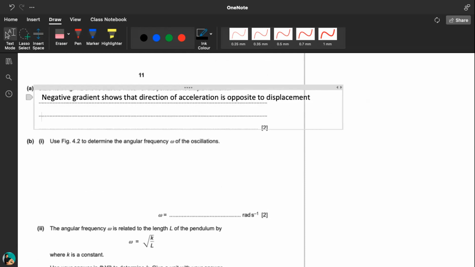What else? Talk about direction, talk about directly proportional. Straight line shows that a is directly proportional to x.